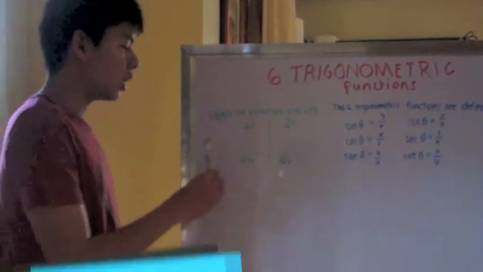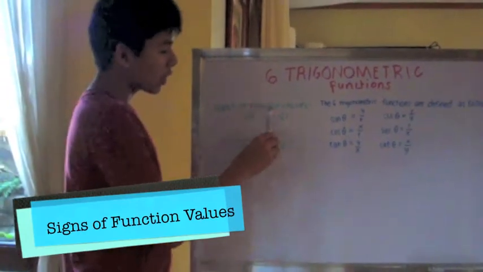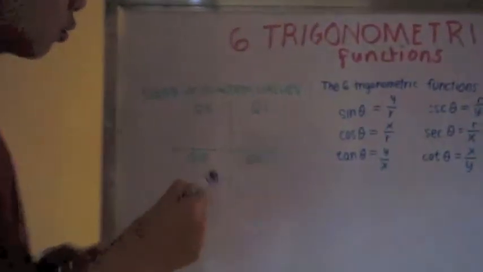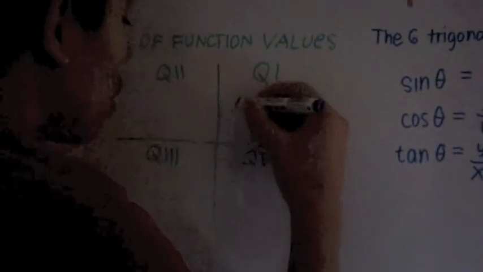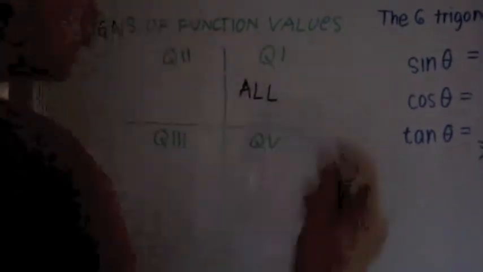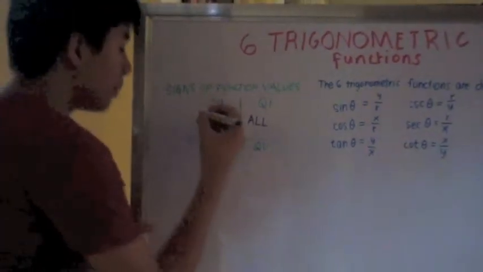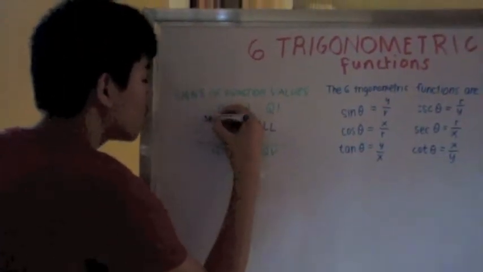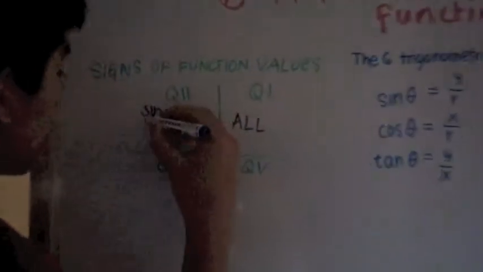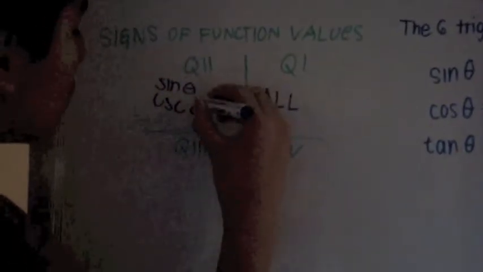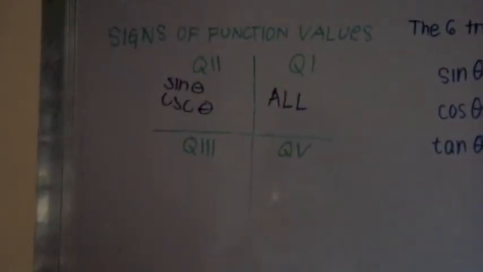Okay, now we're going to learn the signs of function values. In quadrant 1, all the functions are positive. In quadrant 2, sine theta and cosecant theta are positive.